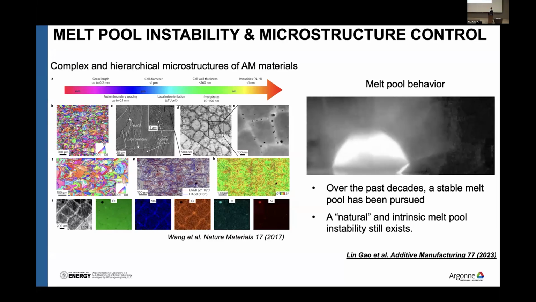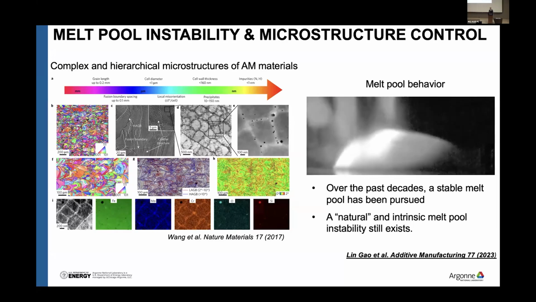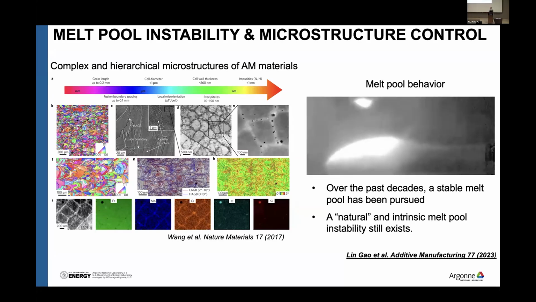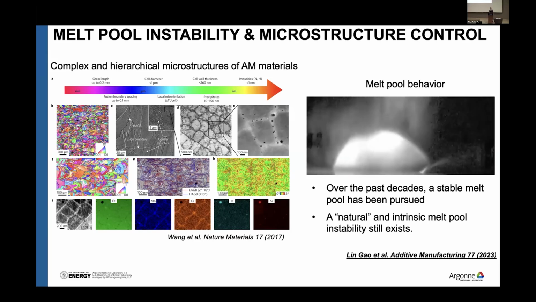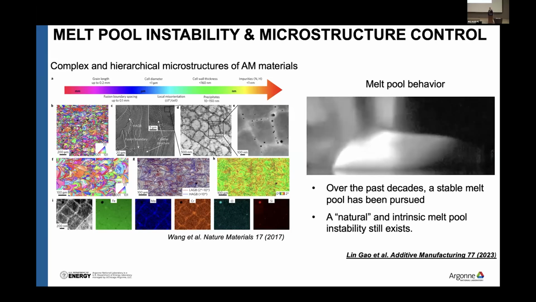And the molten pool behavior is actually the key for us to understand the relationship between processing and microstructures, because the printing parameters will directly influence the molten pool behaviors, and the thermal conditions inside the molten pool will control the microstructure generation during the printing process.